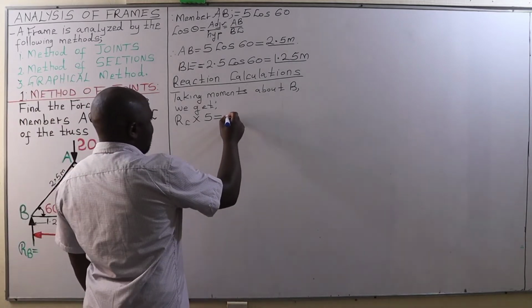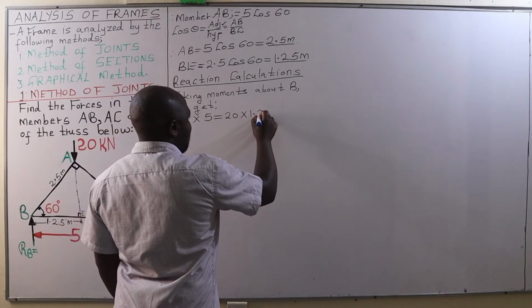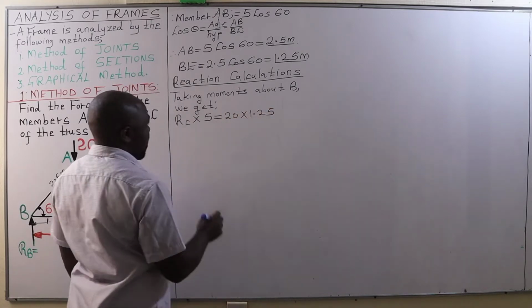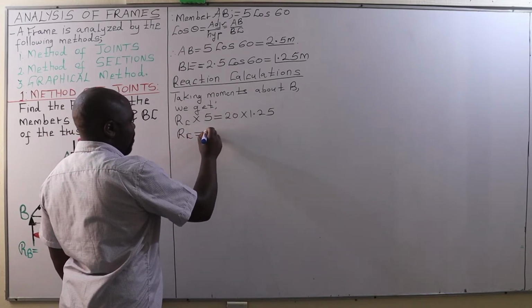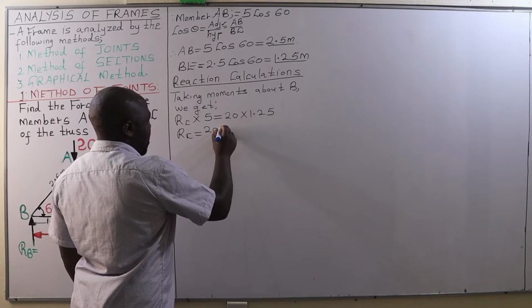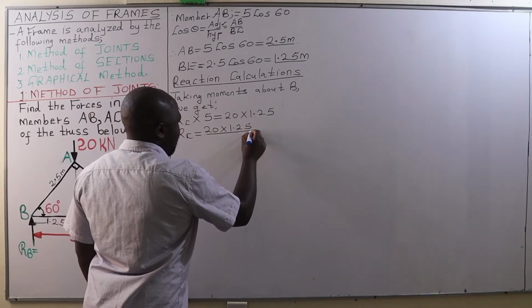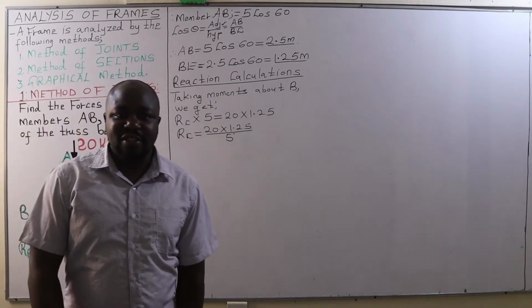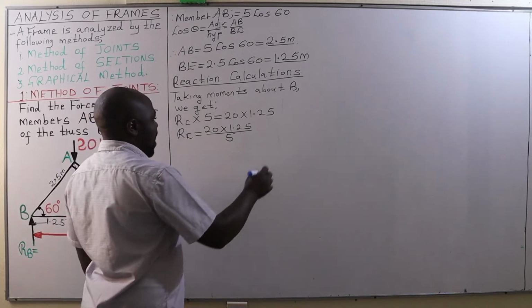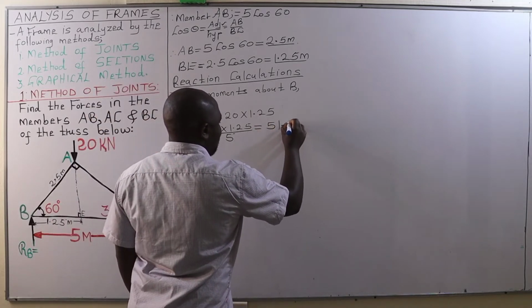Therefore, RC times 5 is equal to 20 times 1.25. Therefore, RC is equal to 20 times 1.25 divided by 5, and that is going to give us a reaction of 5 kilonewtons.